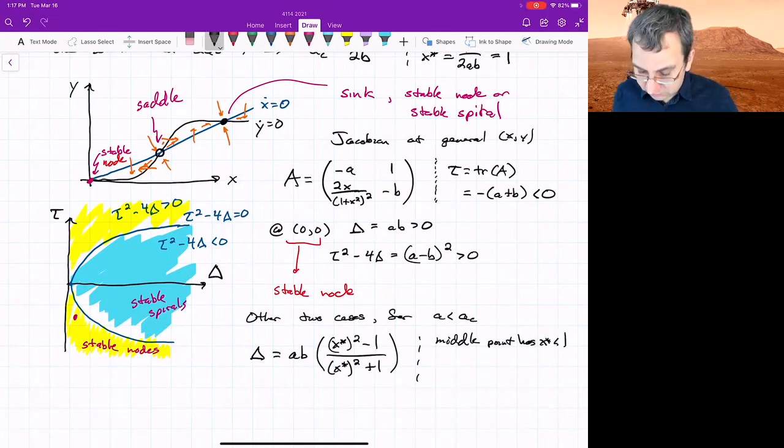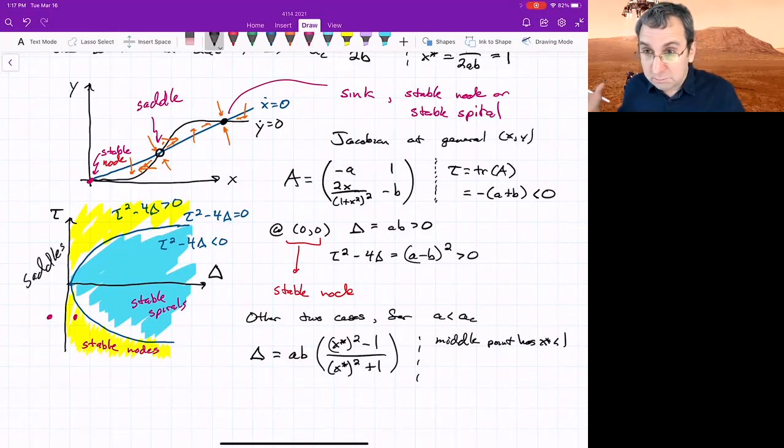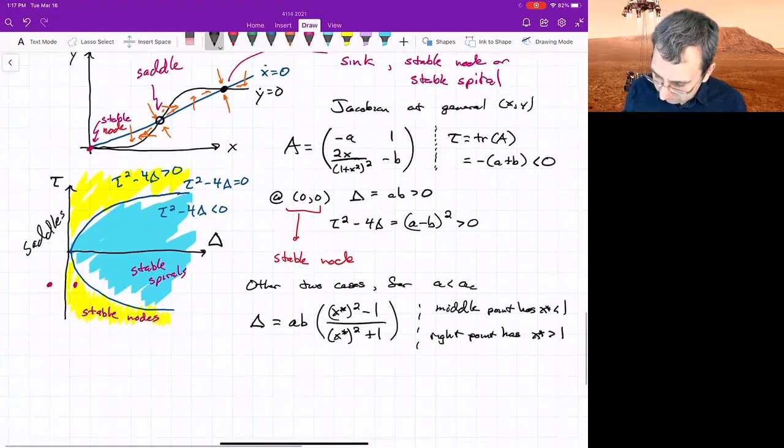So that means delta is going to be negative, which means we're over here somewhere in the realm of the saddles. So that's a saddle. That makes sense. And for the other one, delta will be positive. So the right point has x star greater than 1. So delta is positive.